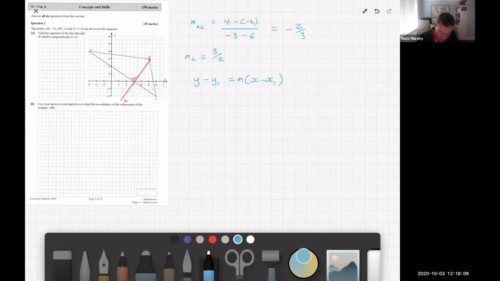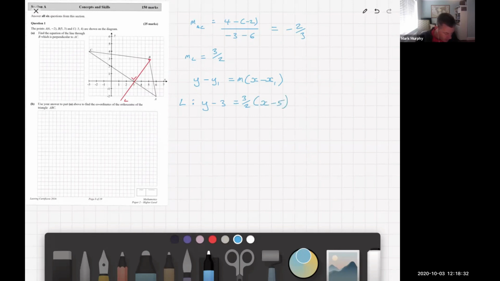So we say that the equation of L is equal to, we bring the 2 across there, right? So I'll do it out slowly. Y minus the y1, which is 3, is equal to the slope, which is 3 over 2, into x minus, and look at the point B, so that's 5.